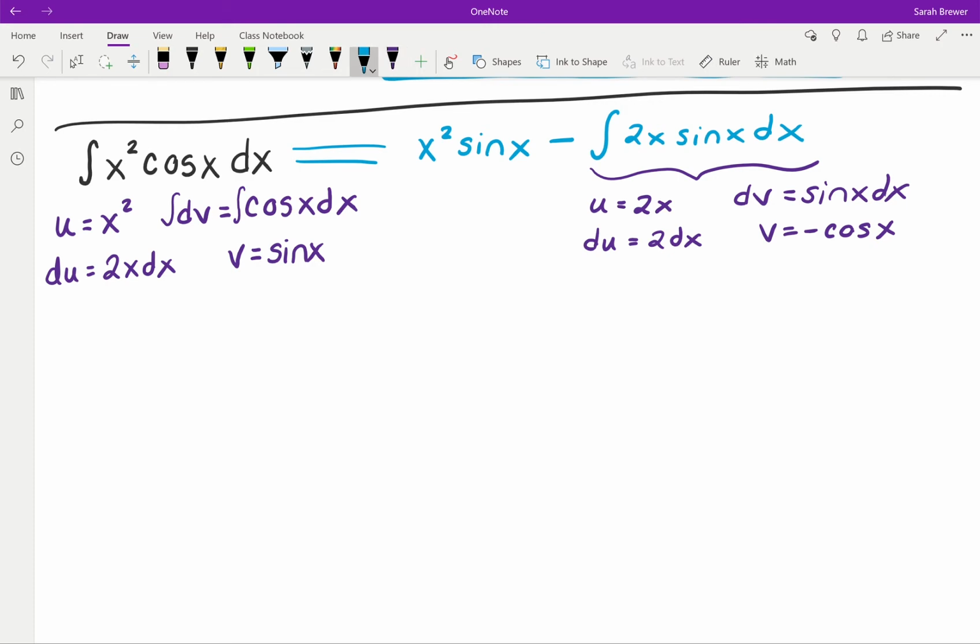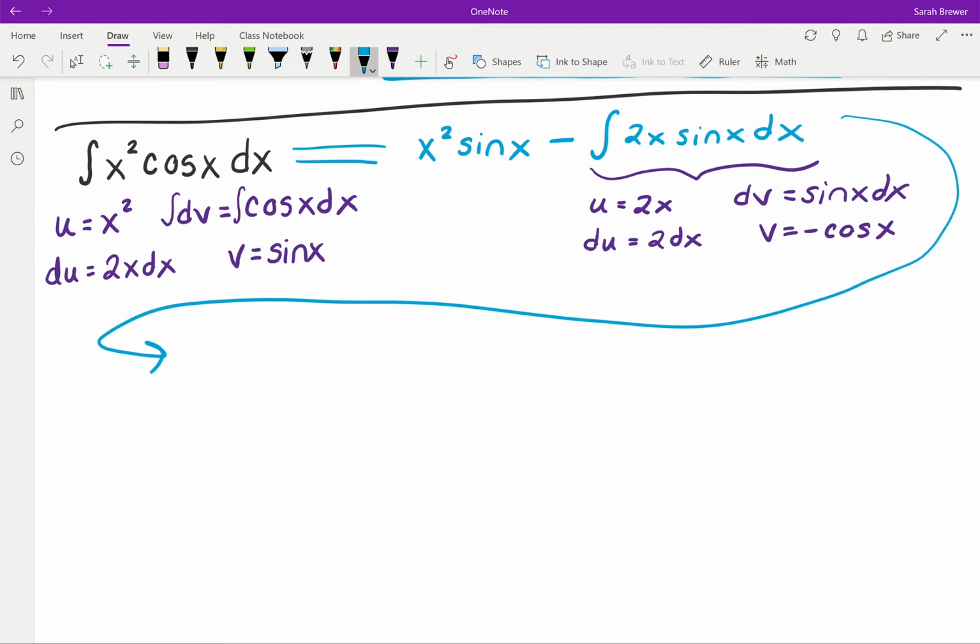All right, so now I can write my integral up here as x squared sine x minus, I want to make sure I'm subtracting this entire thing, the integral of u dv is equal to u times v, which I'm going to write as negative 2x cosine x, minus the integral of v du, which I'm going to write as negative 2 cosine x dx.